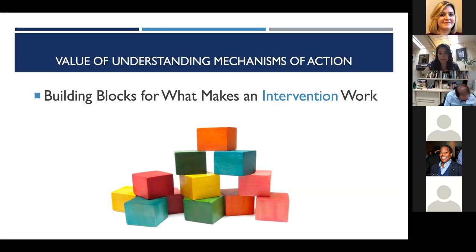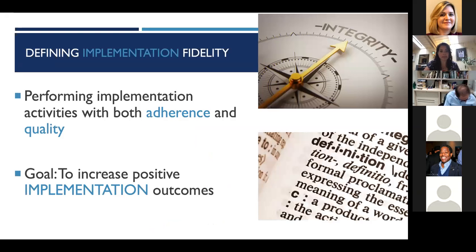Similarly, I'd like to take that same approach when it comes to implementation. Oftentimes when we think of implementation fidelity, folks think about a single aspect of implementation. They might think about coaching, or remote facilitation that might take place, and feel that that is implementation or helps with implementation fidelity.